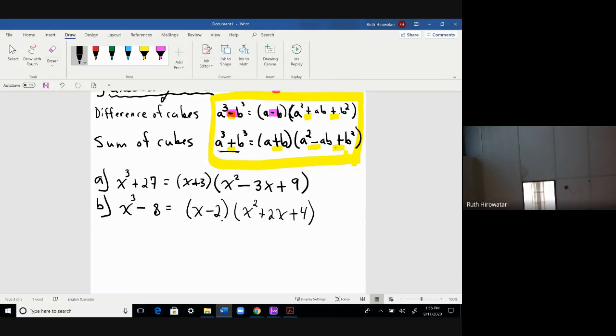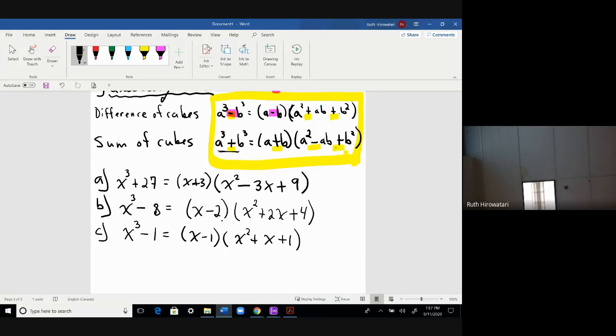Any questions there? Then a question like x cubed minus 1 factors as (x minus 1)(x squared plus x plus 1).